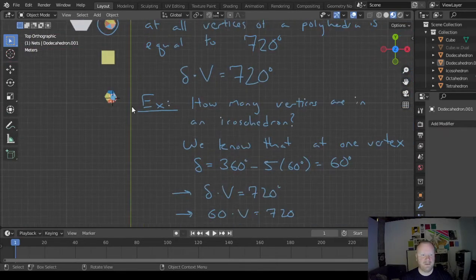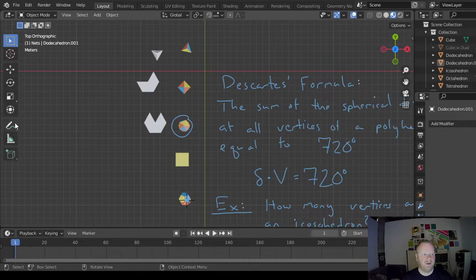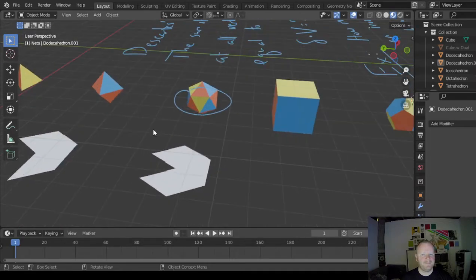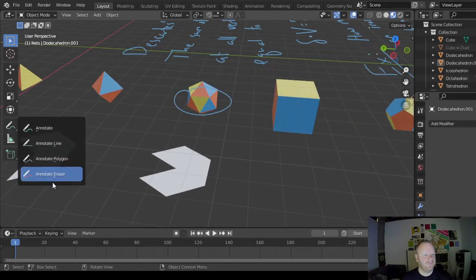One last thing I want to show is something called semiregular polyhedra.